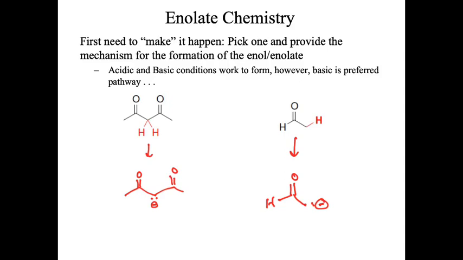If we said this one was more acidic, which base should I use? The weakest base possible. If this one's less acidic, I need to use a stronger base. What else would I have to evaluate within this? The reversibility of the arrows.